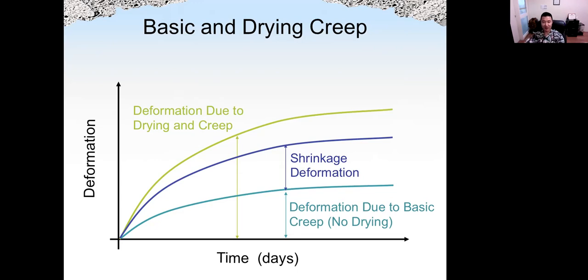I know it's kind of confusing, but that's what happens when concrete is under both loading and drying. This is similar: concrete has shrinkage, which could come from temperature change, from drying shrinkage, or from autogenous shrinkage. Different mechanisms.